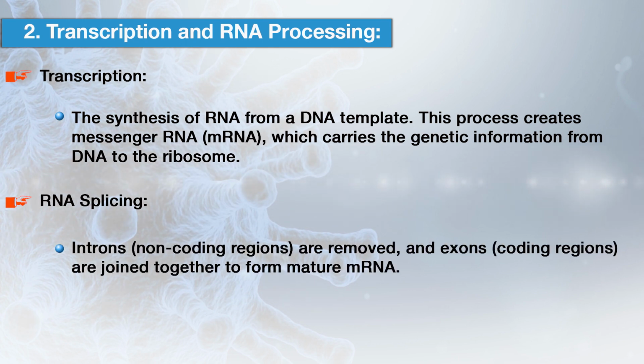RNA splicing: whenever we go for splicing of RNA, we remove non-coding regions that we call introns, and exons, that is the coding region which is important and useful, are joined together to form mature mRNA.